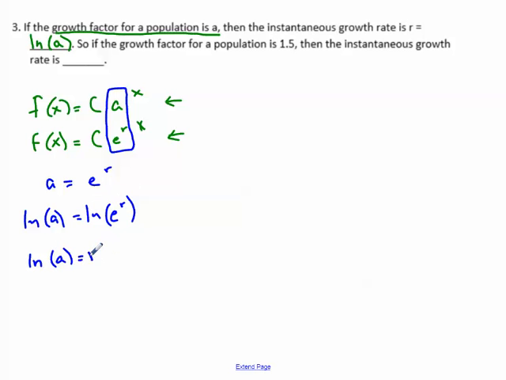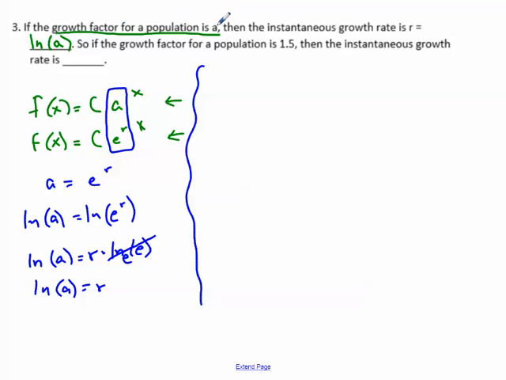R becomes, instead of an exponent, a coefficient on the right side: r times ln of e. Ln of e, well, if our base is e, e to what power is e? E to the first power, so this just becomes 1. Ln of a equals r, or r equals ln of a. So that's how we get r equals ln of a.